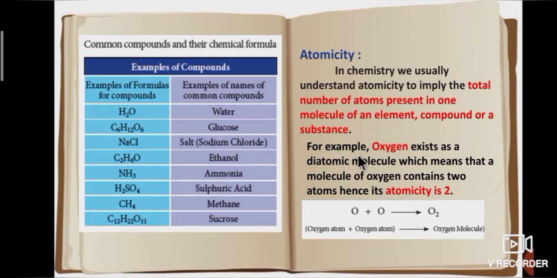For example, oxygen exists as a diatomic molecule, which means that a molecule of oxygen contains 2 atoms, hence its atomicity is 2. One oxygen atom plus another oxygen atom gives O2, that is oxygen molecule. The subscript here is 2, so there are 2 oxygen atoms present.